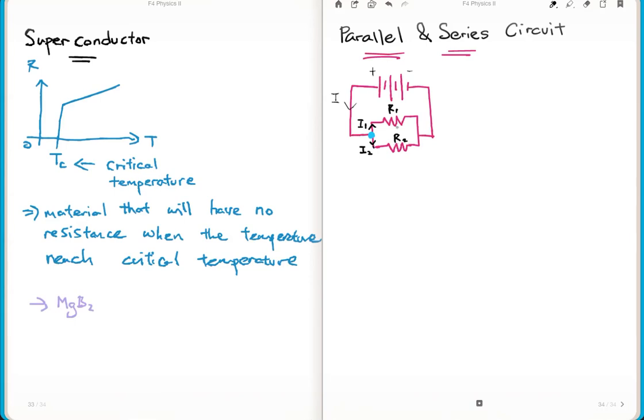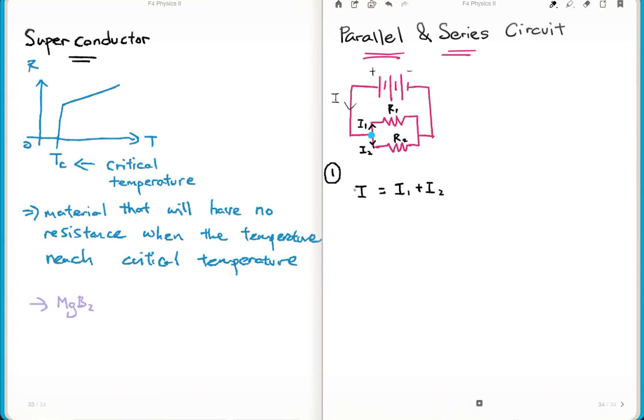So if I1 and I2 are the same, it will split half from the I. This is the characteristic for a parallel circuit, where I total equals I1 plus I2 because it splits. Whenever it comes to a junction, it splits. So this is the first characteristic: the current splits.